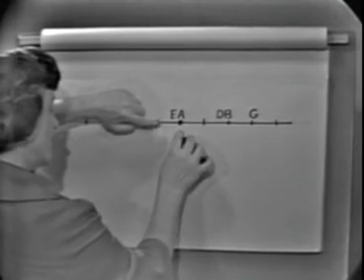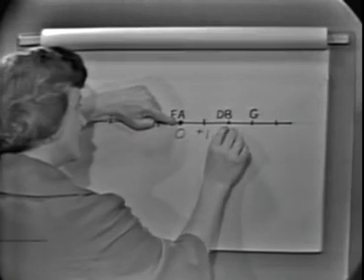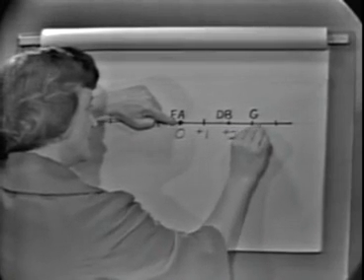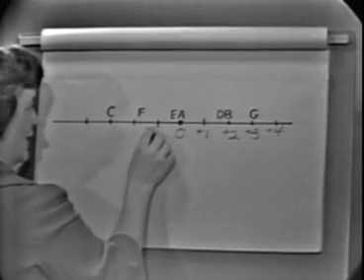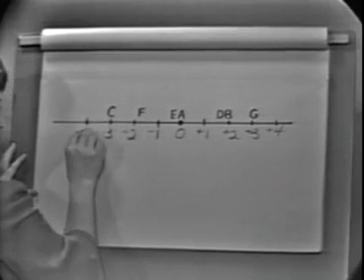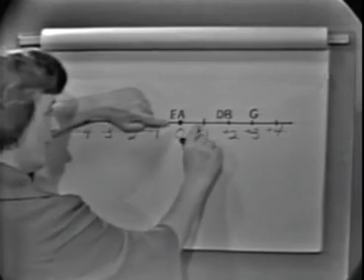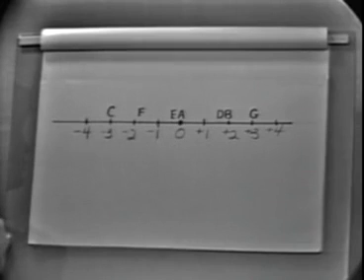We will associate integers with these: 0, positive 1, and again to the left. If we subdivide our unit, then we can locate points which are associated with the rational numbers.